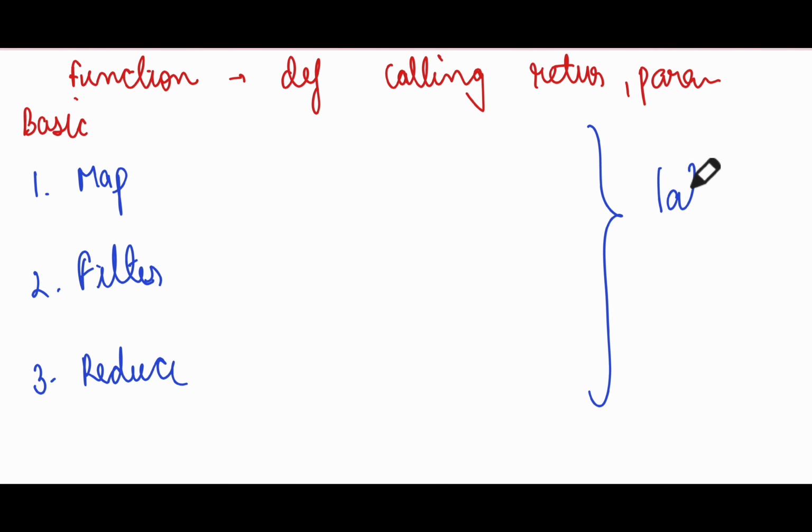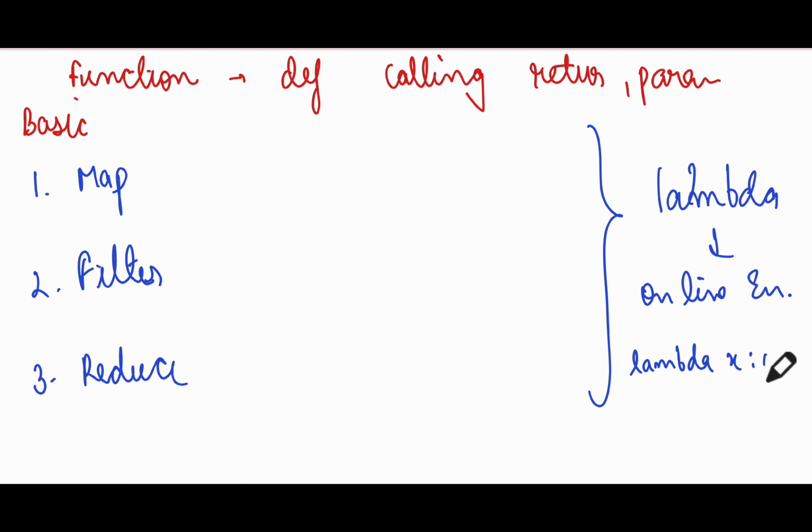So what does a lambda function do? Lambda functions are one line codes only. These are just like one line expressions. Okay, and how do you write a lambda function? You take lambda and you pass x, and then you pass whatever operation you need to do, and you use this lambda function along with map.